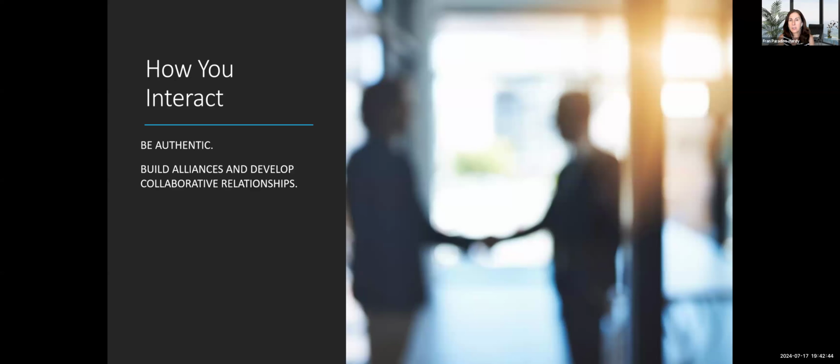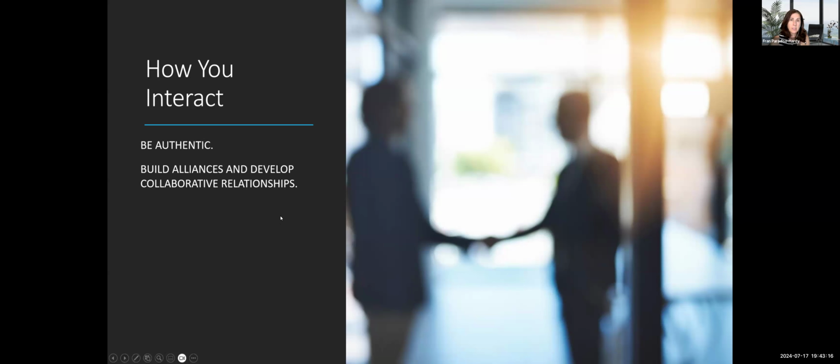Okay. And so that in itself makes, having that authenticity and genuineness as a leader will allow you to build alliances and develop collaborative relationships, which is critical, because a leader really, once again, is not responsible for having all the answers, but really it's through leading others to find the answers, and also through leading a team to work together to develop solutions.